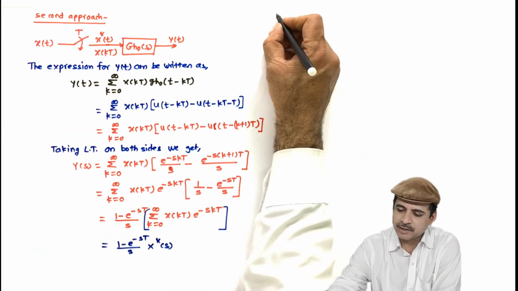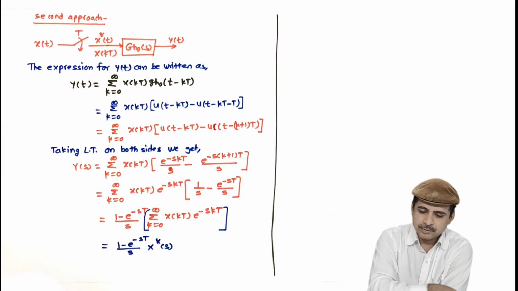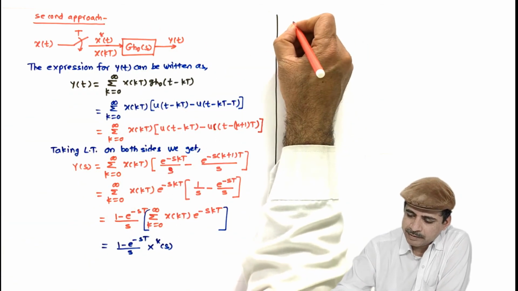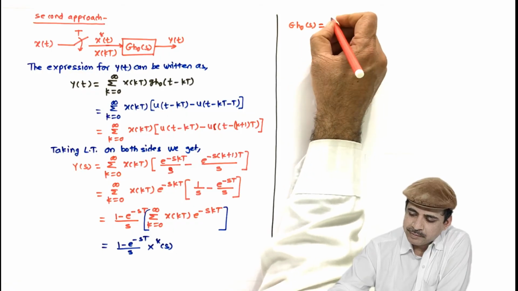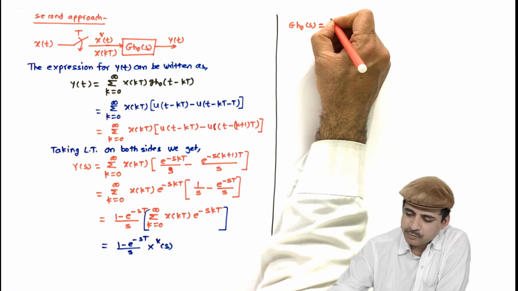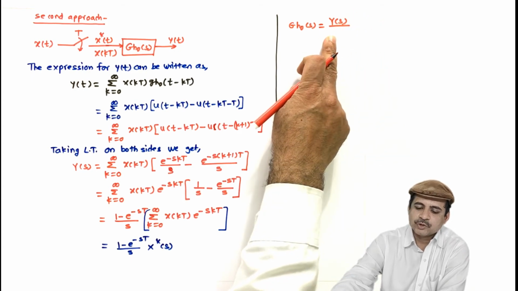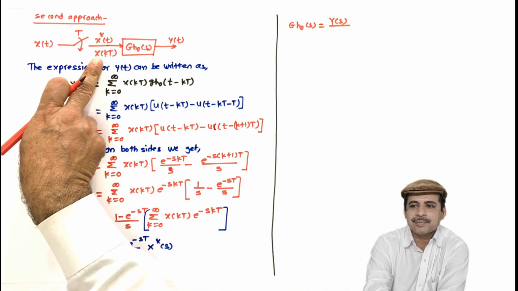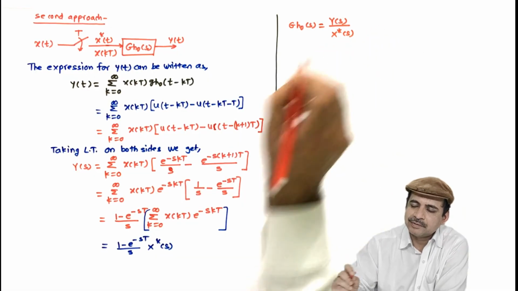Now from the diagram, I get GH0s as a transfer function, which is a ratio of Laplace transform output to Laplace transform input. So what is the Laplace transform input? It is a star Laplace transform, so this is x star s.